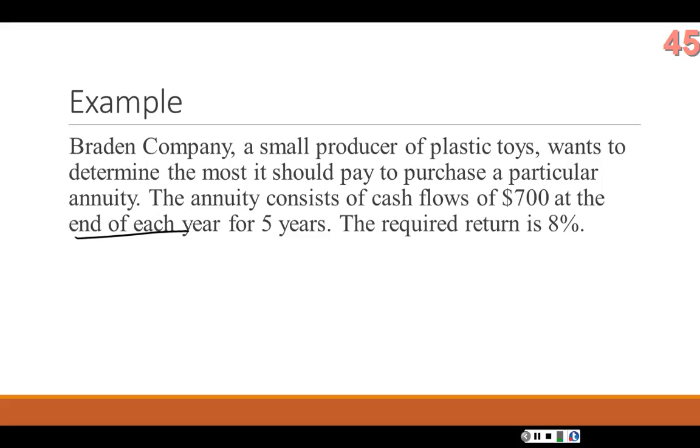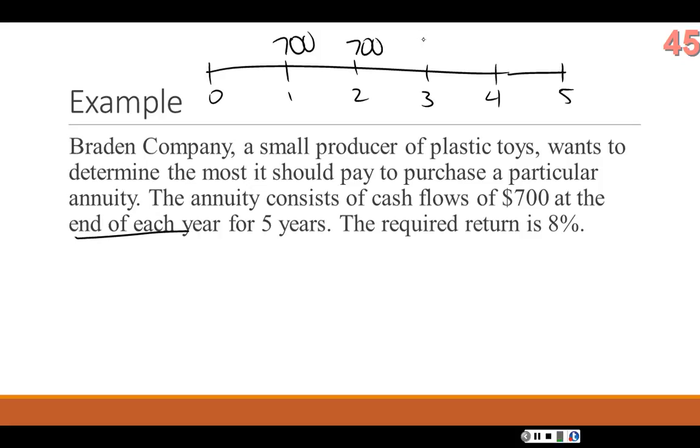So we can put this on a cash flow timeline. It's going to return $700 a year for 5 years. And we're wanting to know how much they should be willing to pay for this investment that will return $700 a year for 5 years.